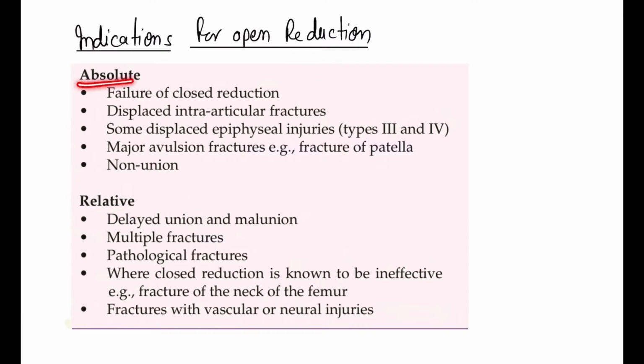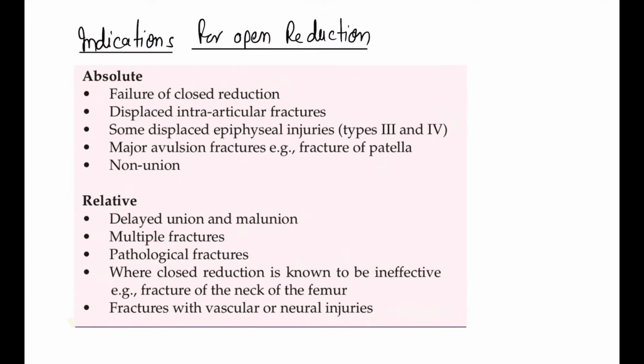The absolute indication is failure of closed reduction, displaced intra-articular fracture, then some displaced epiphyseal injuries like type 3 or type 4, and major avulsion fractures, for example fracture of patella. Then non-union fractures, like a fracture which is not healing, then we have to go for open reduction.